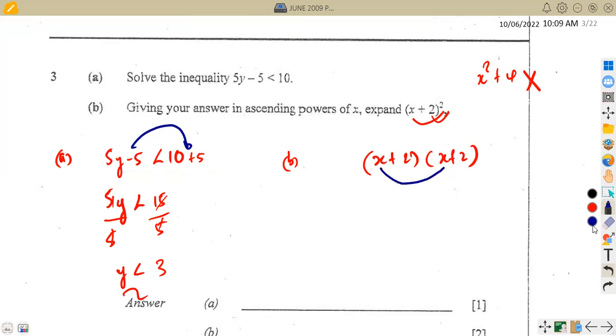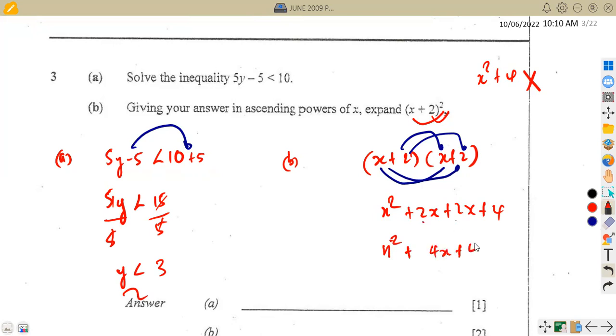So it's x and x here, which is going to give us x squared. Then we move on to x and 2 here, which is going to give us plus 2x. Then 2 and x, which is going to give us plus 2x. Then we've got 2 and 2 here. 2 times 2, that is 4. So we can collect like terms. That means we have x squared plus 4x plus 4.